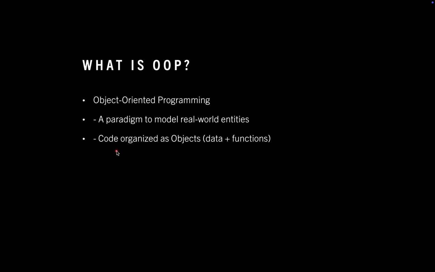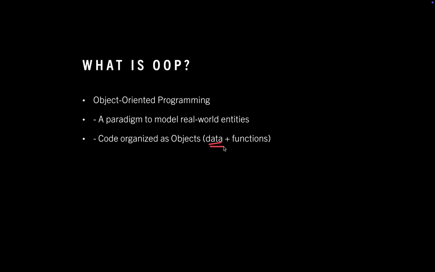So in OOPS we try to organize the code as an object. In OOPS everything is an object, meaning a real world entity, and the entity has some kind of data and methods. Here data is written over there, and functions, which are also called methods. So what exactly are those things?